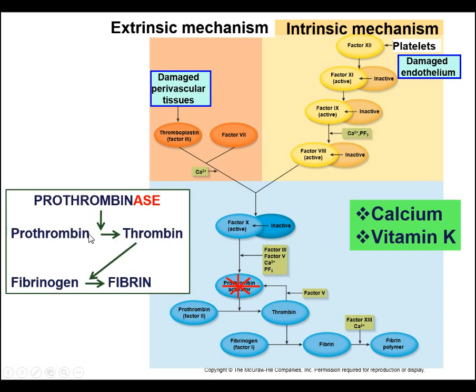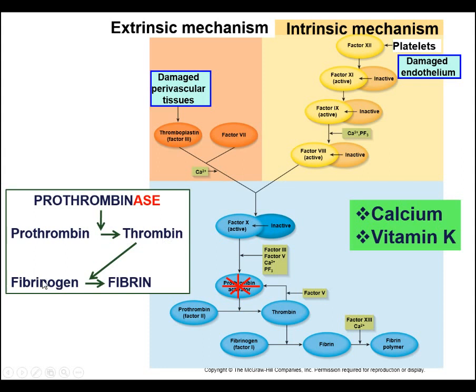So this is how this works by the time you get down to this point. The prothrombin, again, an inactive clotting protein in the blood, in the presence of prothrombinase, this enzyme, will be converted to thrombin. Okay, and that's just this right here, thrombin.